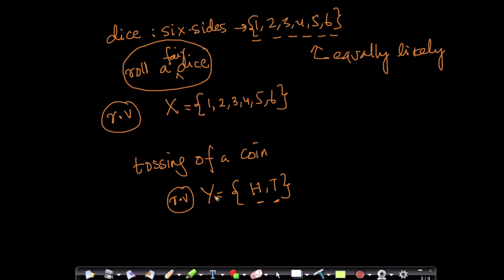Now, since we have understood what a random variable means, let's also understand some more notation. Let's stick with the rolling a dice experiment. I'll try and read equations in English so that it becomes much easier to understand.